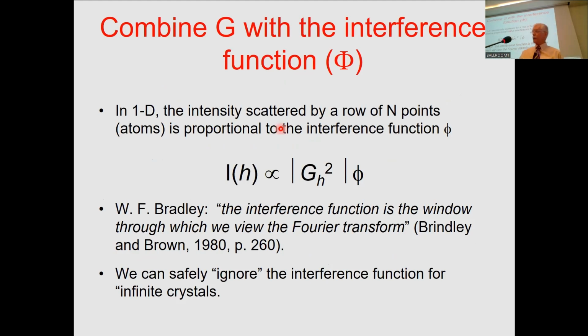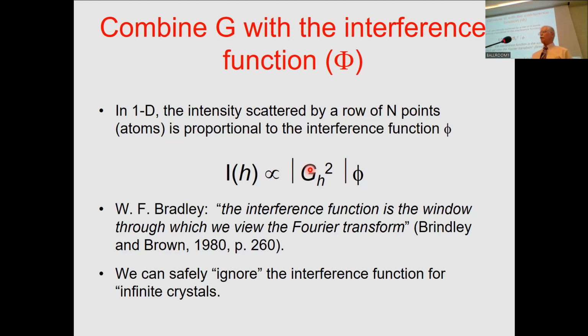What we now have to do, because we don't just calculate F at the delta function, is consider something called the interference function. The intensity now is this layer structure factor squared, the absolute value of that, times the interference function. Now we can calculate, depending on the crystal size, the diffraction pattern.